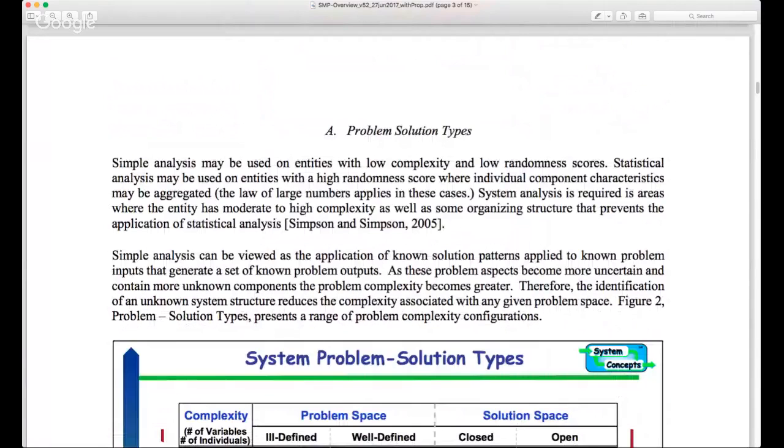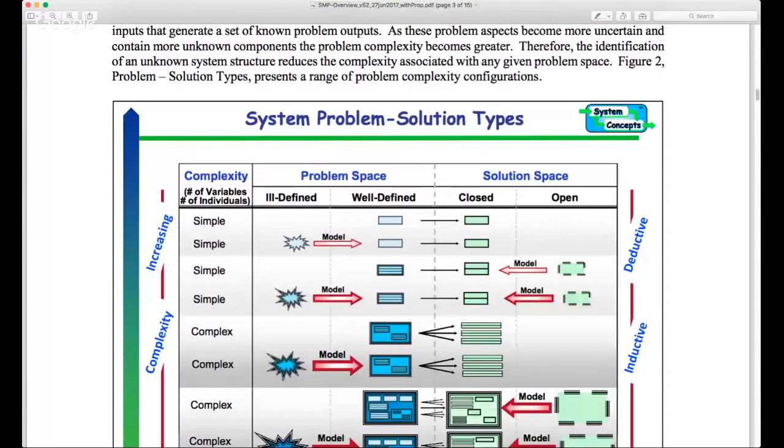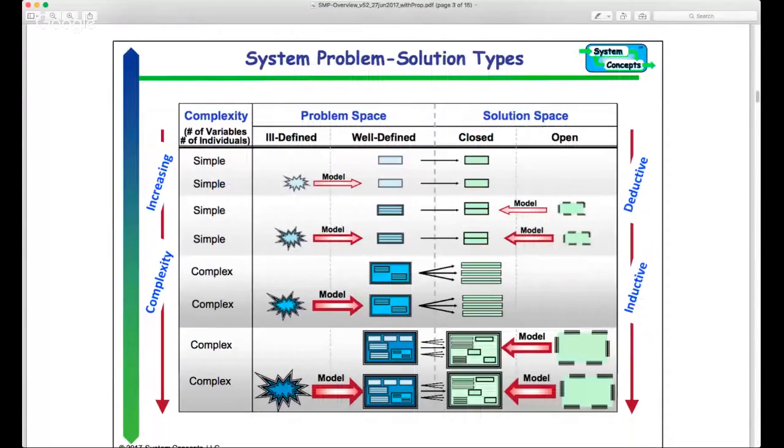So in the problem solution types, this chart emphasizes what I've just said about simplicity and complexity. If we have simple problems with very low complexity, essentially the problem space is well defined, and we know what the solution space is.